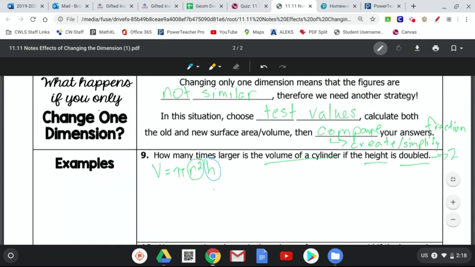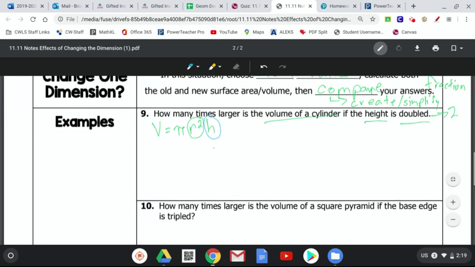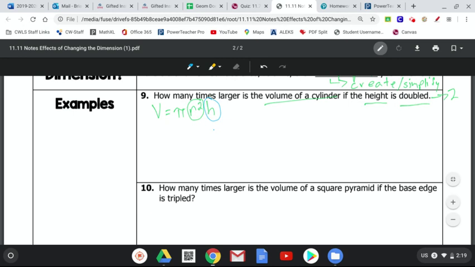We're going to choose some test values and calculate the old and new volume formulas. Anytime they tell you that the height is doubled, or like number 10, tripled, or multiplied by some number, meaning that it's getting bigger, this is what you want to do.